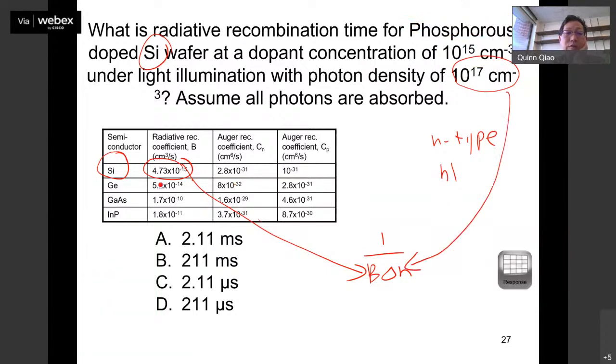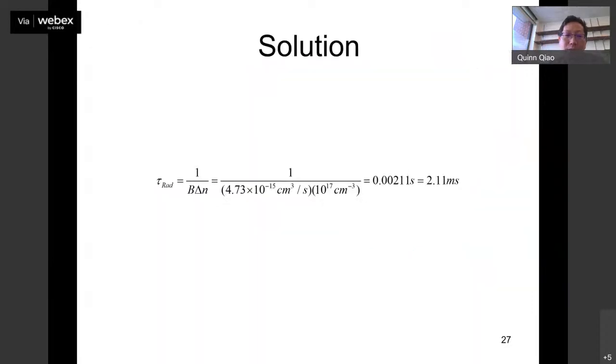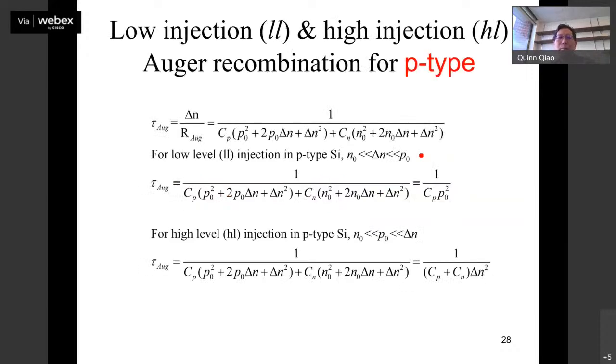So 1 over 4.73 times 10 to the power minus 15, multiplied by 10 to the power 17. B times delta n, B is from the table and delta n is the excess carriers. You get about 2.11 milliseconds. Okay, so that's it.